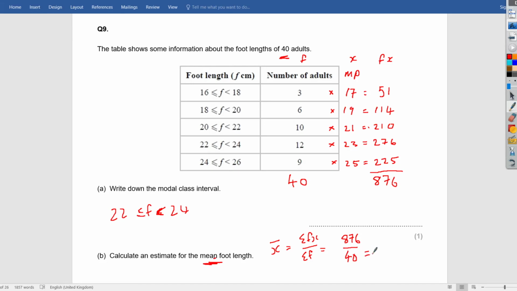So 876 divided by 40, you'll get 21.9 centimeters. And that is the mean foot length for this data. Okay.